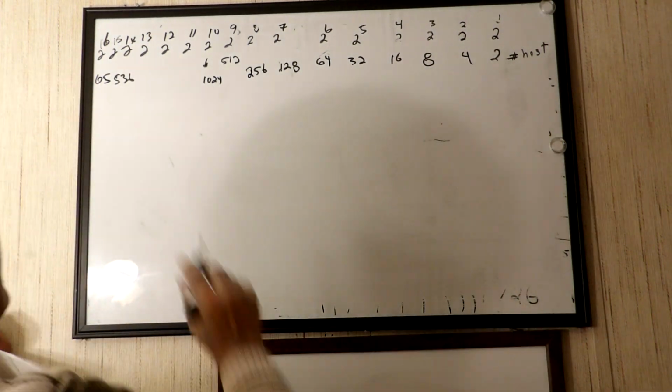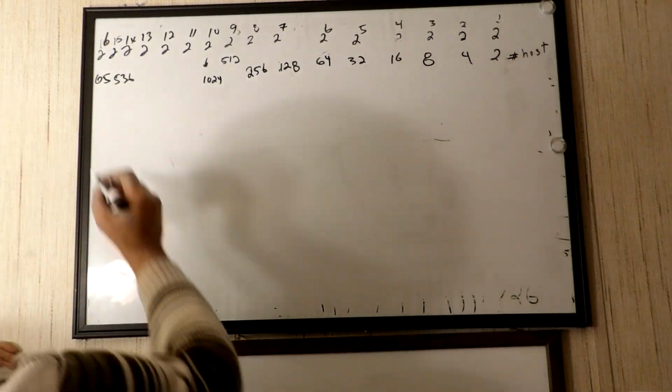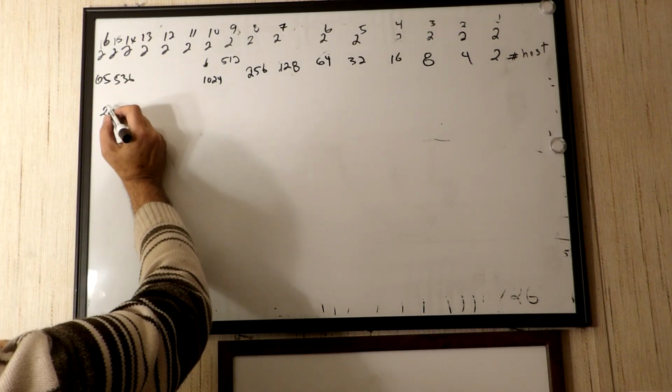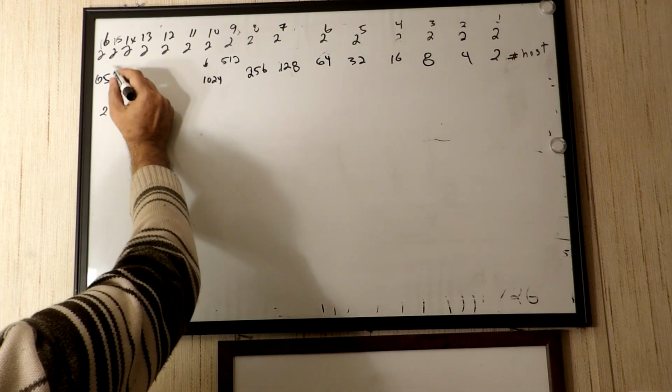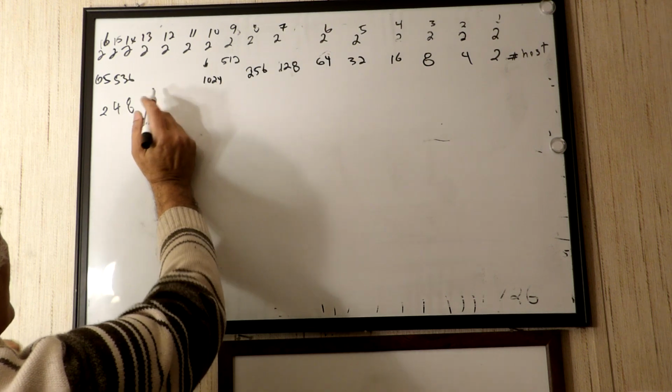Okay, you come here, 2 to the power of 16 is going to be this one. And you write the same thing here, 2 to the power of 2 is 4, 8, 2 to the power of 3.